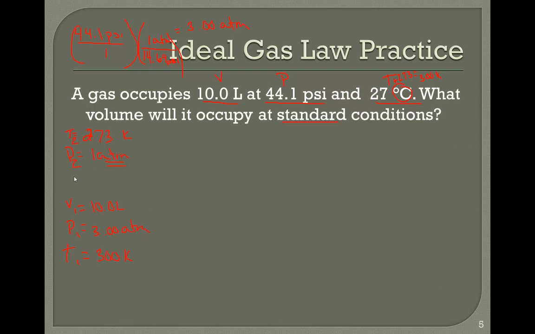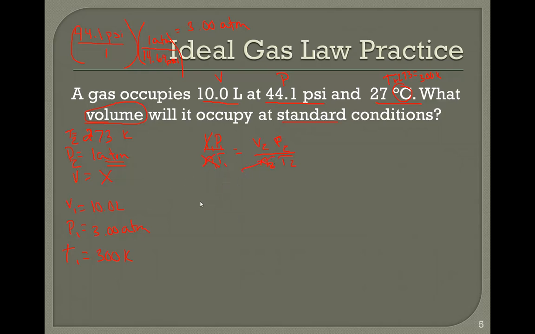It's asking about the volume. They didn't even mention the moles, so that means it must remain constant. V1P1 over N1 T1 is equal to V2P2 over N2 T2. Alright, they did not mention moles, so I'm not going to even worry about that one. I'm just going to plug the numbers in.